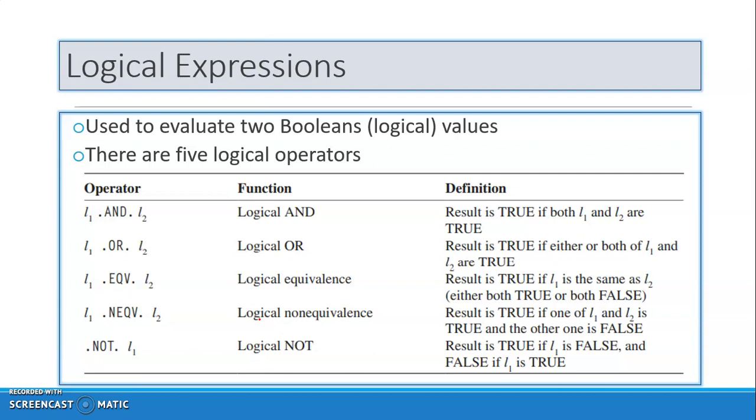Another category of expressions that we have is that of logical expressions. With logical expressions, we are not taking any other value to compare, but now we are taking the Boolean values. In other words, we are taking the true and the false values. So we'll be comparing them.